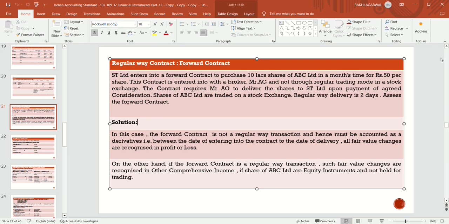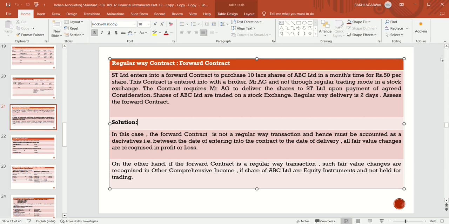The contract required Mr. AG to deliver the shares to ST Limited upon payment of the agreed consideration, and the agreed consideration is 10 lakh shares at the rate of rupees 50 per share.